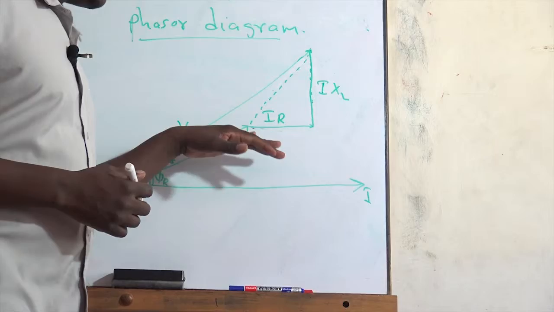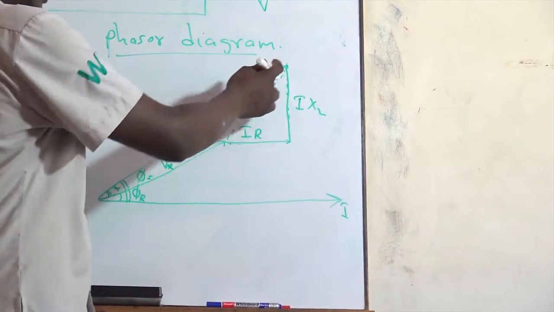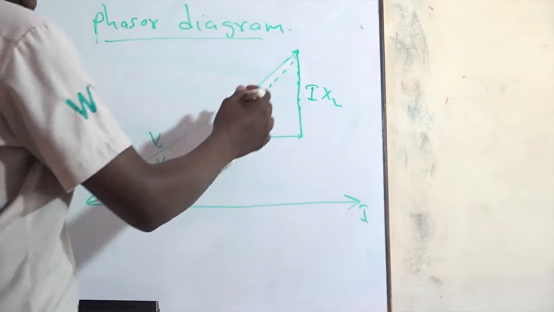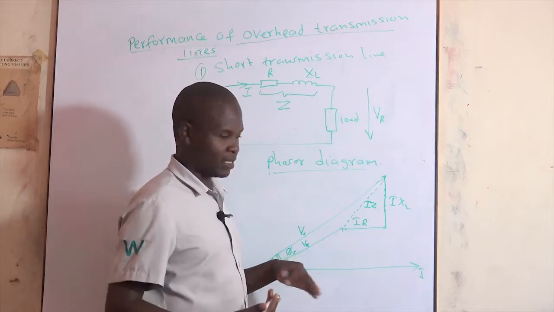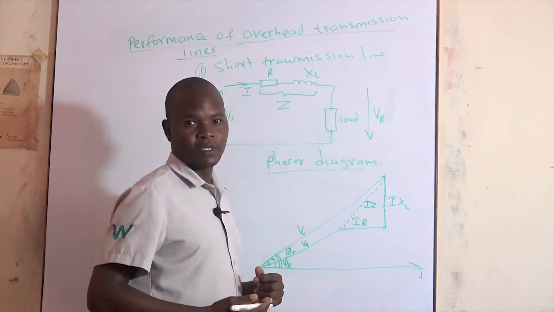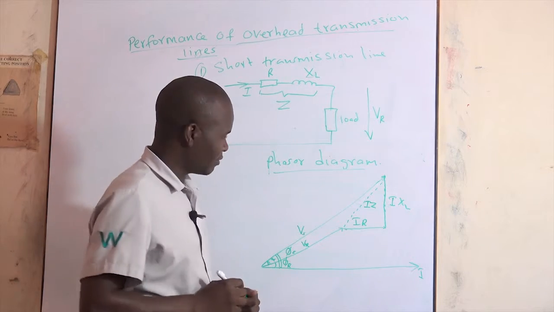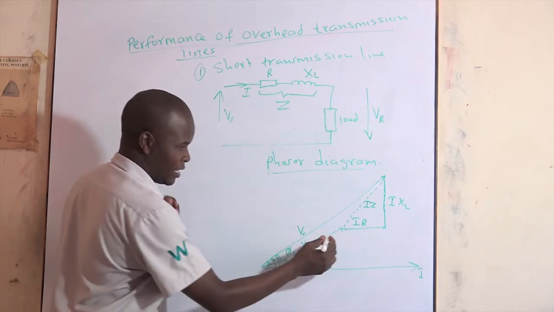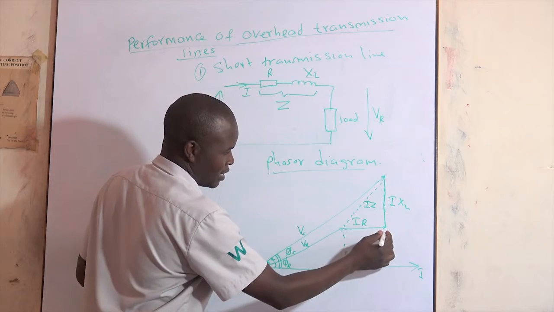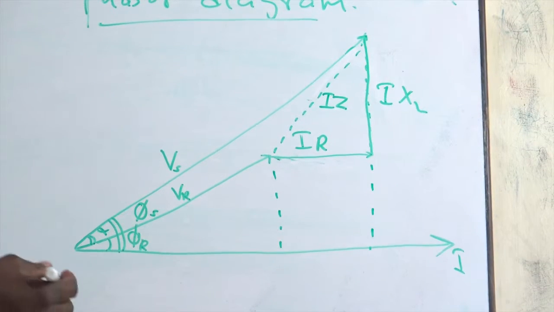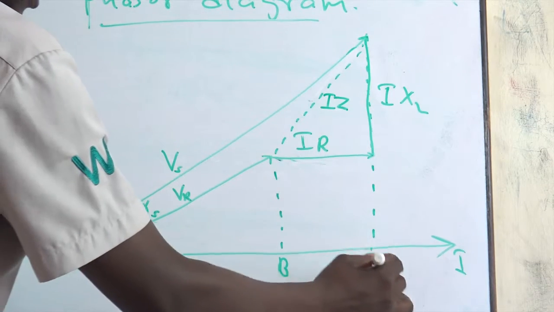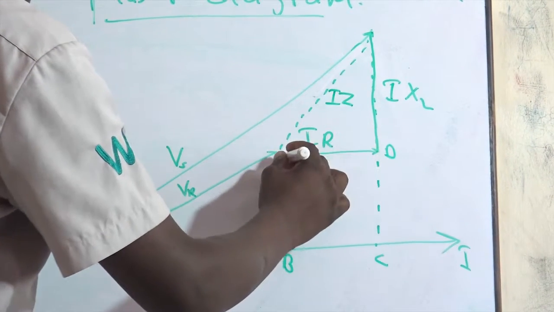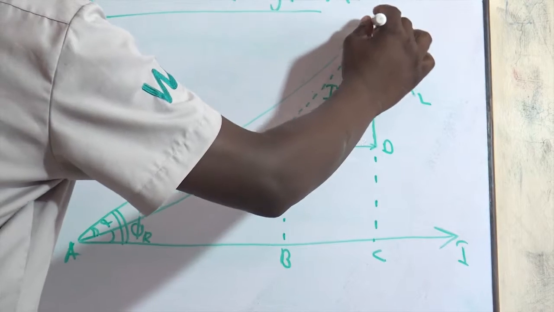If you extend this line, you will have the IZ, the combination of this and this using Pythagoras theorem. So if you can label our triangle A, B, C, D, E, F.